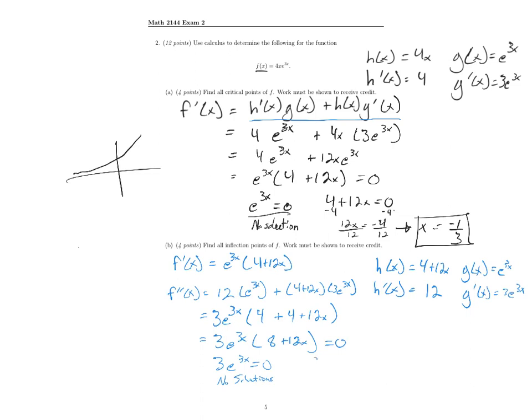And then I have 8 plus 12x equals 0. So that's going to give me that 12x is equal to negative 8 if I subtract 8 from both sides. Dividing by 12 on both sides is going to give me x equals negative 2 over 3. So my only inflection point is x equals negative 2 over 3.